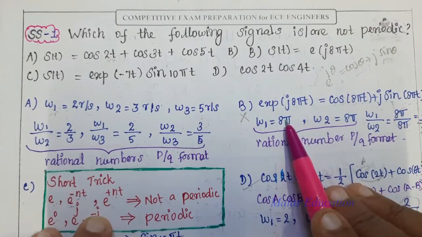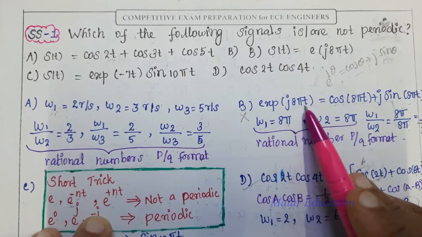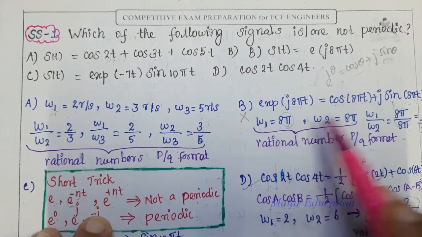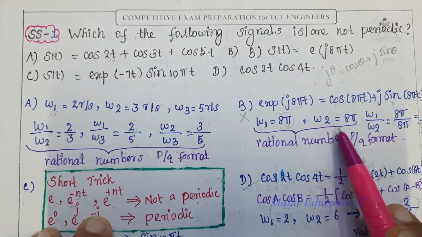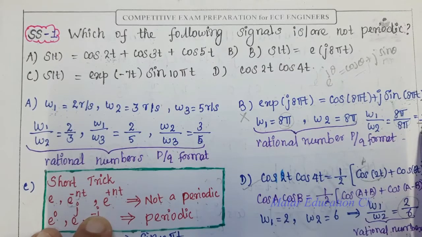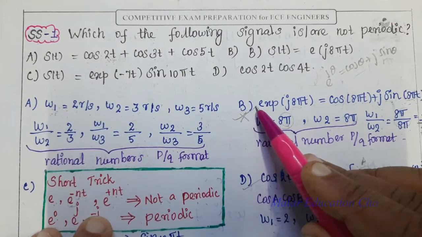Omega 1 is 8 pi and omega 2 is 8 pi. So omega 1 by omega 2 equal to 1, which is 1 by 1, a p by q format. So option 2 is a periodic signal.